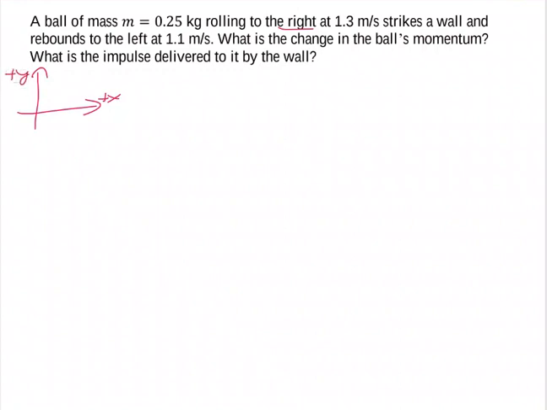Now, positive y we could call up, but in this case, positive y might be like if I laid down my axes so that rolling to the right was positive still, but then if this bounced off the wall and came off at an angle, I might want to define positive y as coming off at an angle, to the right or to the left relative to the wall.